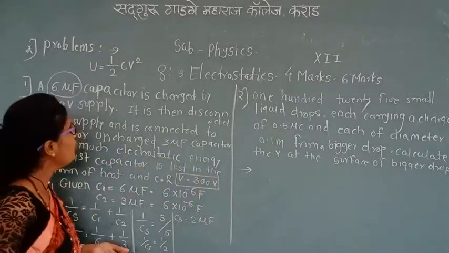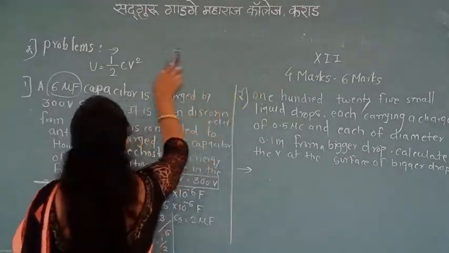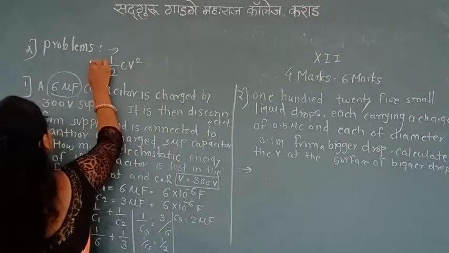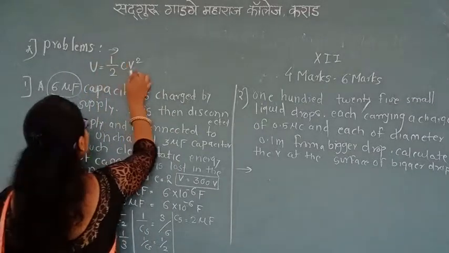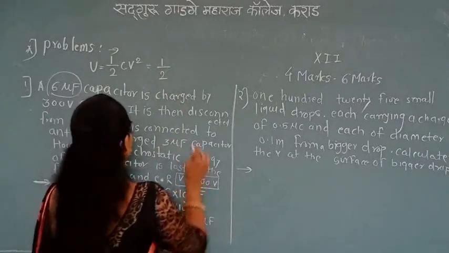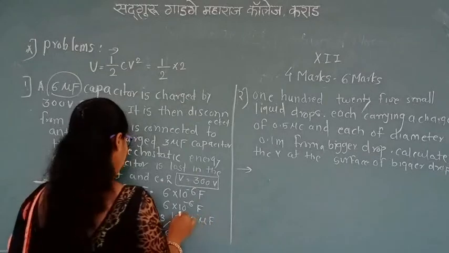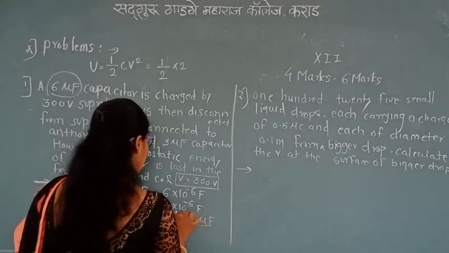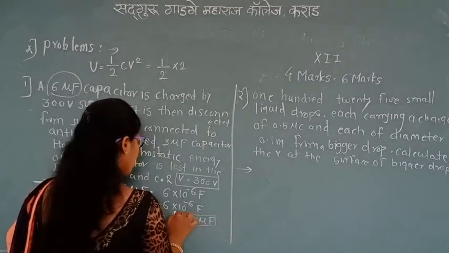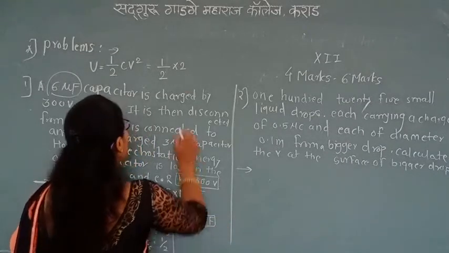Now we have to calculate the electrostatic energy. Here we use the formula U is equal to 1/2 CV square. Therefore 1/2, and the capacitance value is 2 microfarad, which we obtained when the two capacitors are connected in series. We get CS is equal to 2 microfarad.